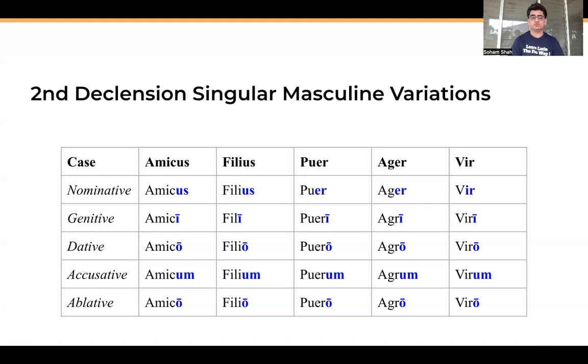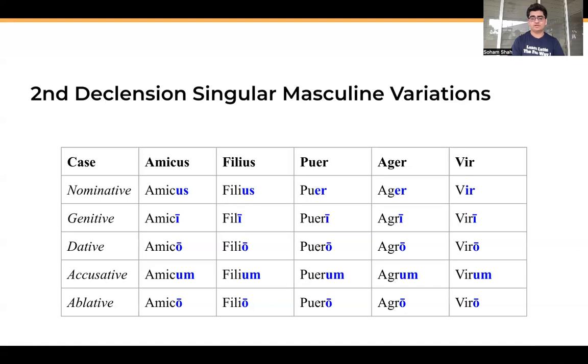That is why it's extremely important to know your genitive singulars, because your nominative doesn't necessarily decide how the rest of the noun is declined. It's more of a genitive thing. So if you do know your genitive singulars, you can understand how to decline the noun perfectly. That's why ager is not ageri for genitive singular, it is agri.